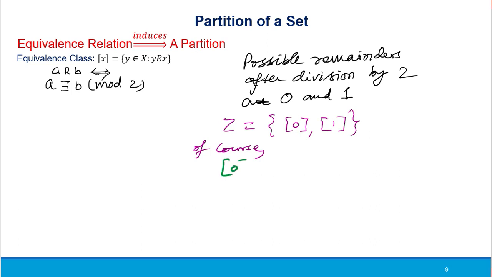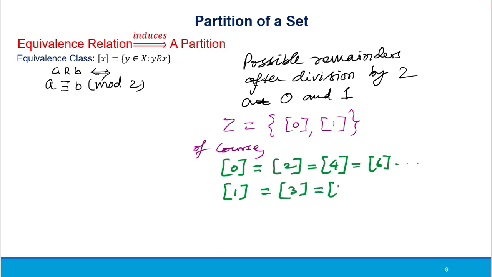Now this 0 is equal to 2. This is also 4. So any member present in that set can represent that group. Similarly, 1 is also equal to the others, and so on. Because what is 0?